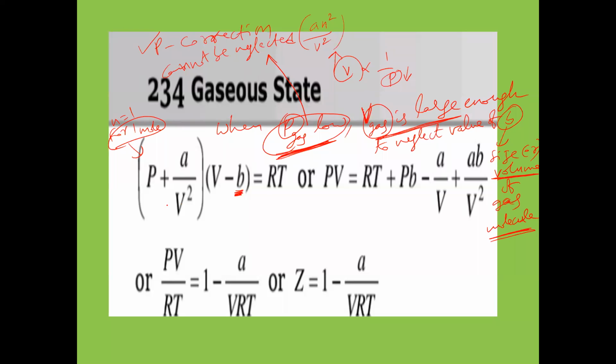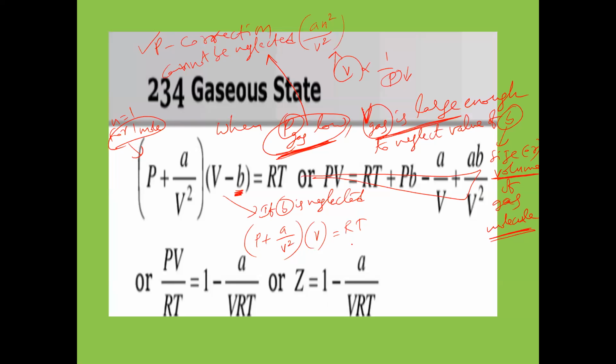The same equation. So if b is neglected, tell me the equation now. (P + a/V²) for 1 mole into (V minus b) becomes V only, is equal to RT. nRT becomes 1 RT.